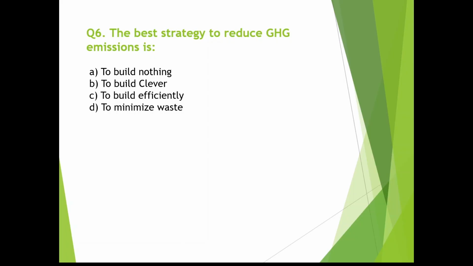Whenever you require more space, you will do flexible constructions, for example if your family size is increasing, one adult, one member, like that example was also explained to you. So build nothing is the correct answer for question number 6, and it was also asked in the previous year.